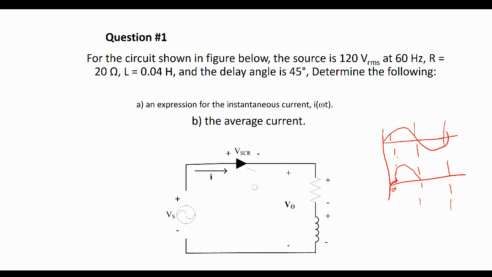So to get the average over the period, up here we have 2 pi, here would be pi.